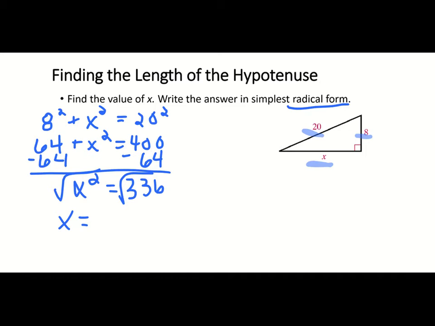I'm just dividing 336 by perfect squares. Okay. So I can do the square root of 16 times the square root of 21. The square root of 16 is 4. The square root of 21 we can't do anything with. So we have x equals 4 square root 21.